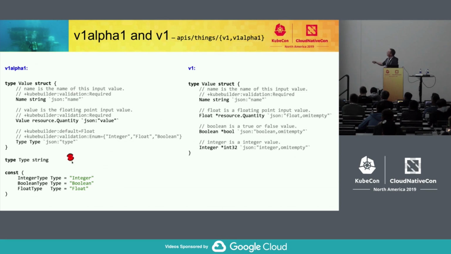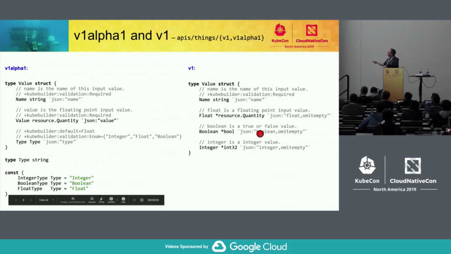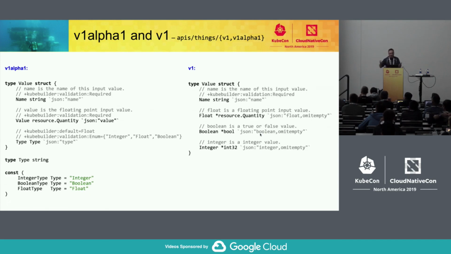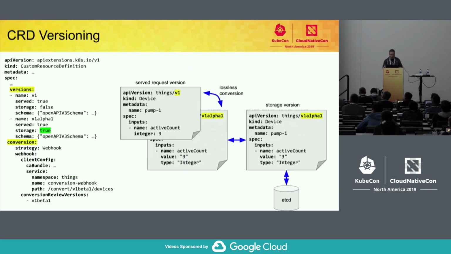We want to offer this one, the right one, to the customers for a v1 API, and it's different, right? Everybody sees there's some kind of mapping between them, but technically it's different and we have to convert. So we have to write a function which takes the left one and outputs the right one, and a second function which does the converse, so from right to left. That's our task.